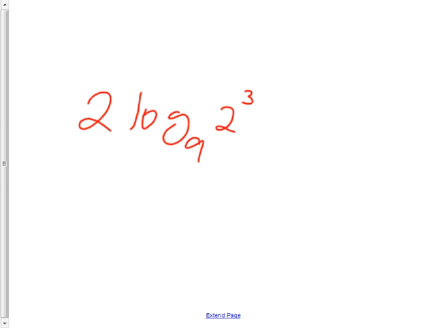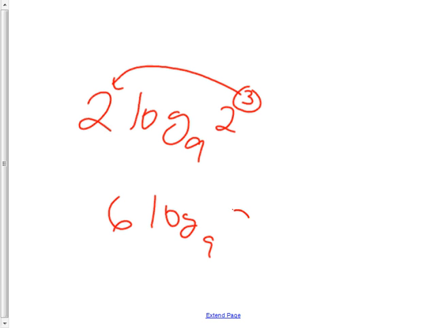Now, can I drop that 3 down in the front with the other one? 6 log base 9 of 2. All right, you didn't need to know that last stuff very much, but I wanted to give you just a taste of it because what's coming will involve that kind of stuff.